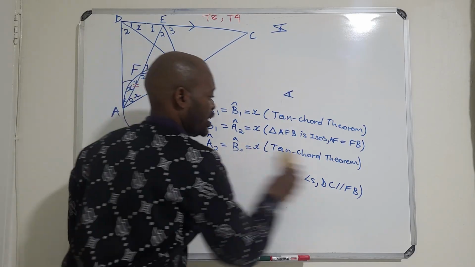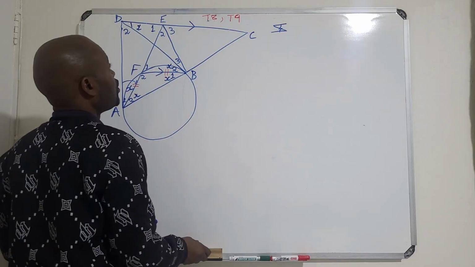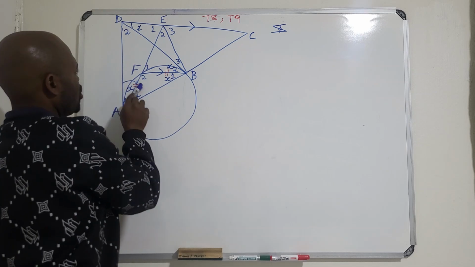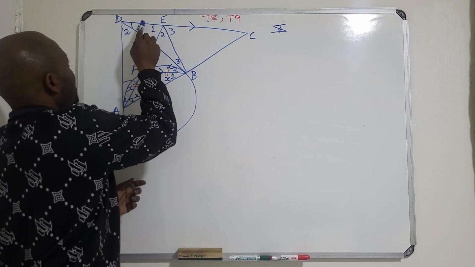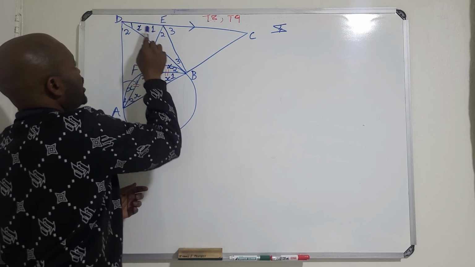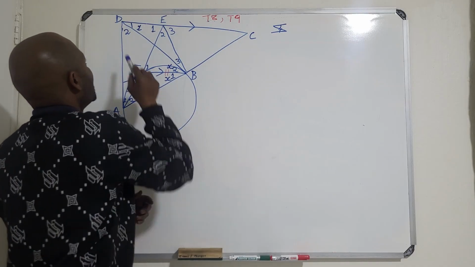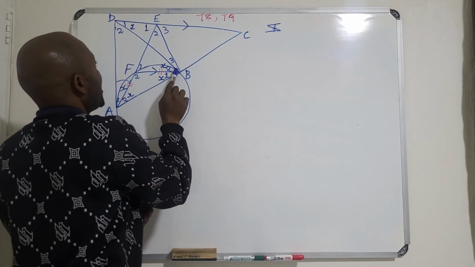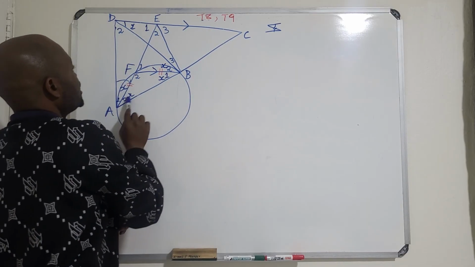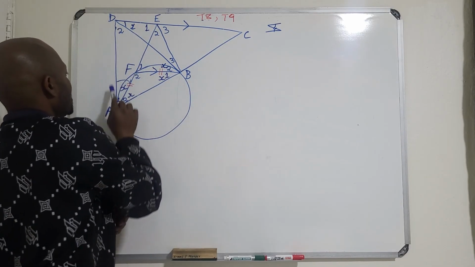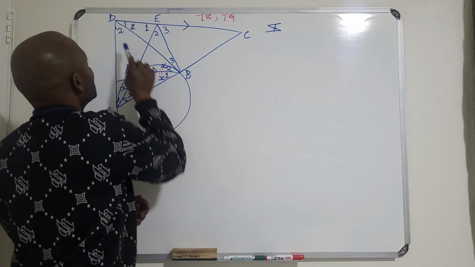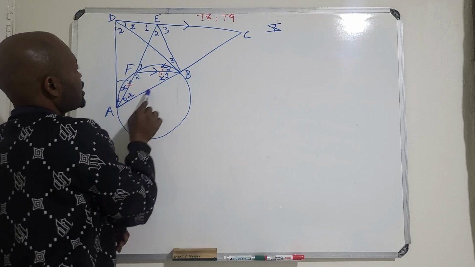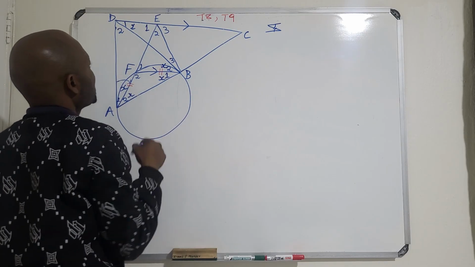Now, we can find this angle to be x because I've got a lot of information there. I still need this angle there, and for me to find it, I can use this triangle ADB. Because I know that this is x and x.